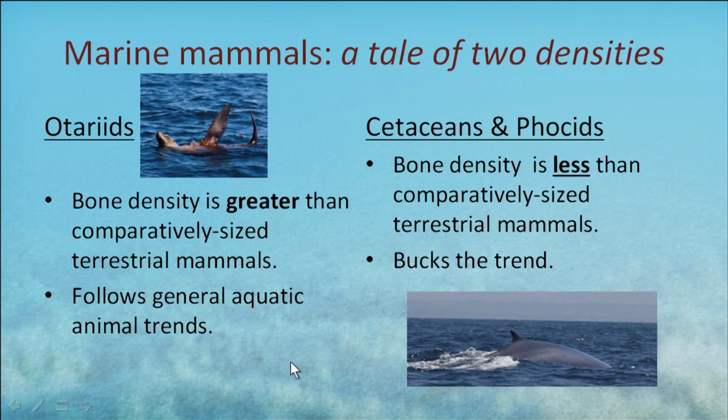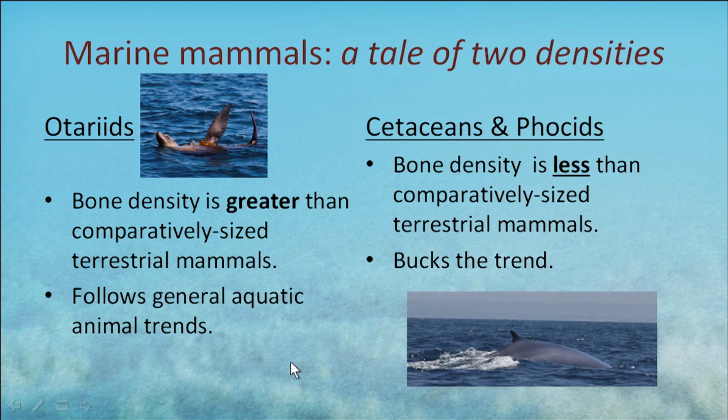But what about marine mammals? Well, as it turns out, some marine mammals do follow that general trend, and that includes otariids, which are going to be our fur seals and our sea lions. Their bone density tends to actually be very, very similar to terrestrial mammals, so they kind of follow that general trend.